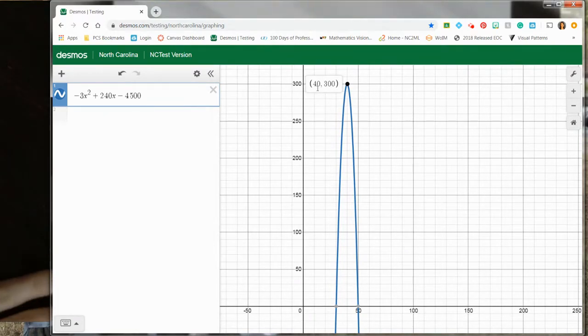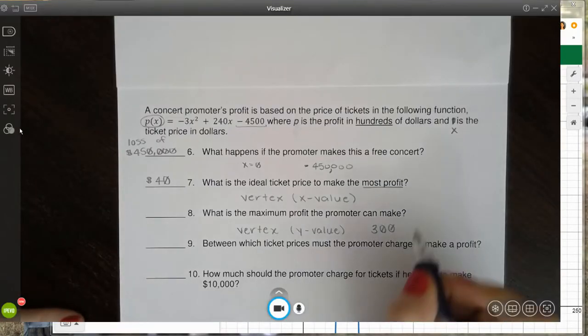Now the next question asks for the maximum profit the promoter can make. That's also coming out of my vertex, but now I want the Y value. So I'm going to grab that 300 because that's the Y value here, and I'm going to come back to my paper.